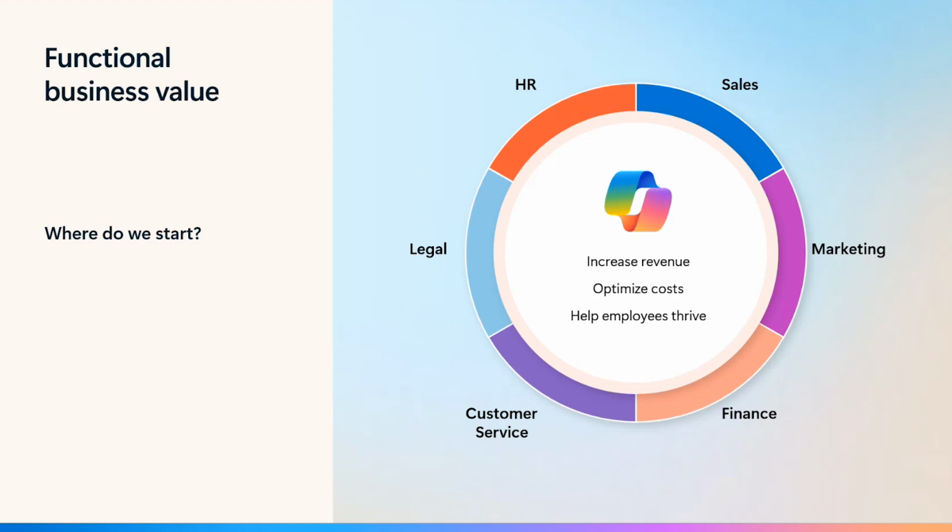Sales is next because it's a revenue generating function. As we see, we have the sales part here, and people are always interested in how they can help their sellers to be more efficient. Next, we have the marketing, where showing marketing employees how to use the out of the box capabilities can really increase their ability to get their job done.